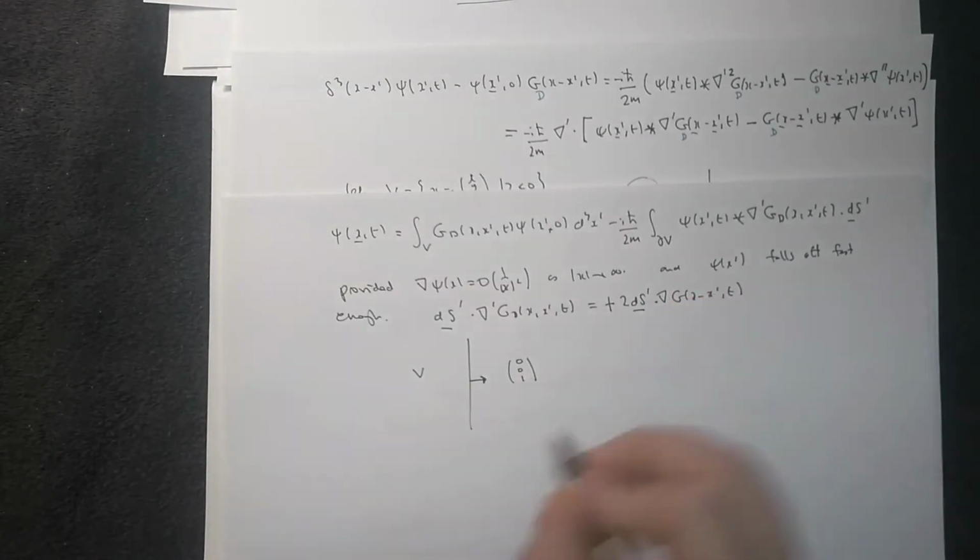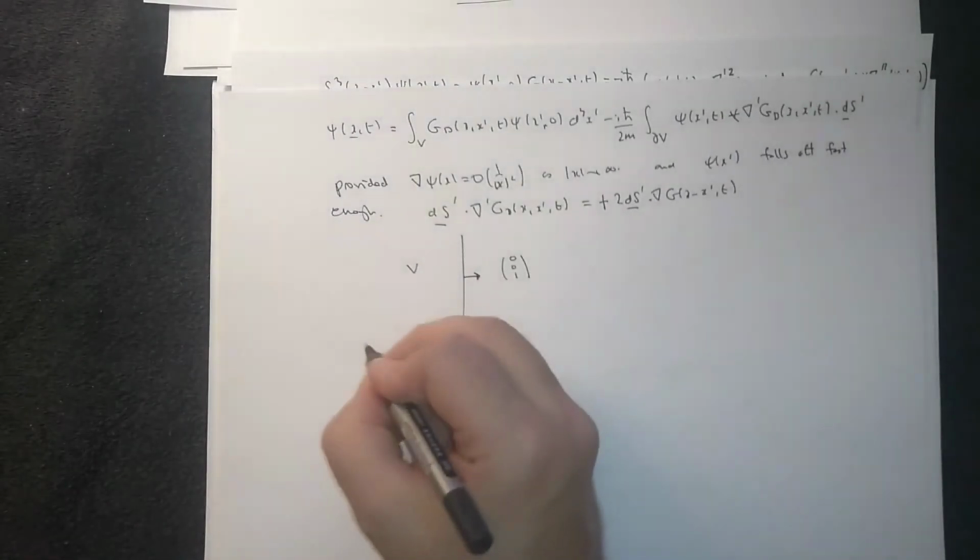Actually, the minus sign is correct, as I have replaced the gradient with respect to x primed by the gradient with respect to x. This will just change the overall sign of the wave function that we calculate and does not change the probability densities we will be computing.